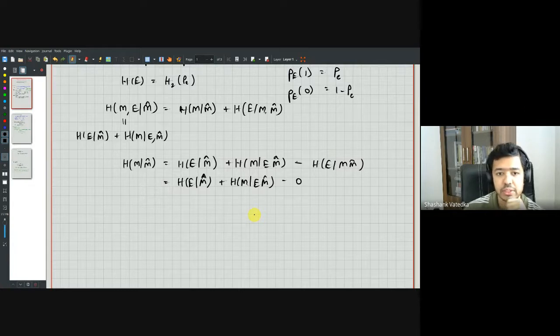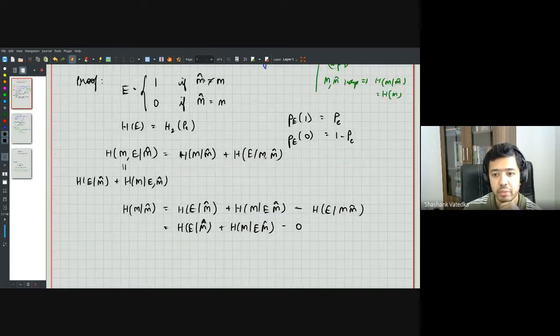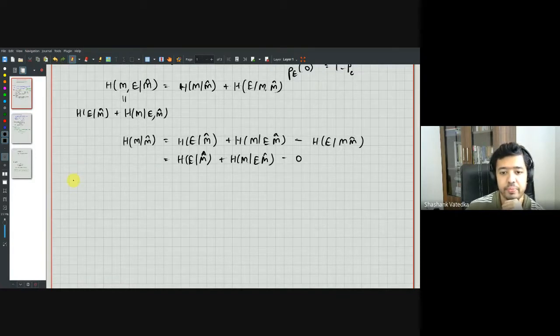Since E is a function of m and m hat, the entropy of E given m hat is equal to 0. Right? Okay.